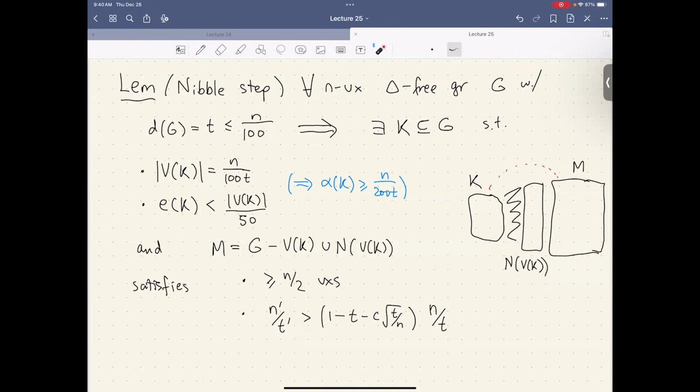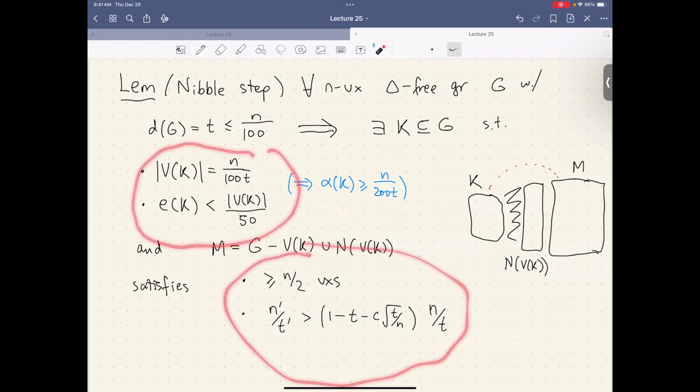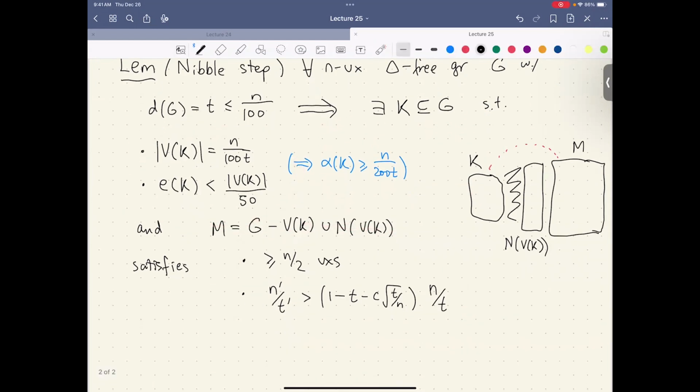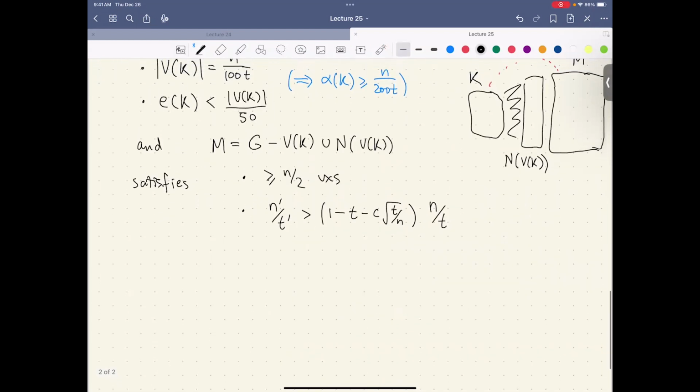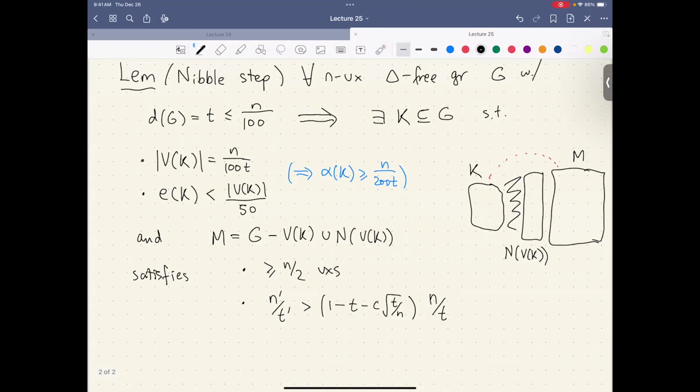By Chebyshev, when the variance is small, the random variable is concentrated around its mean. And if it's concentrated around its mean, everything here will hold. That's the idea. Okay, so let's see the proof. Any question?